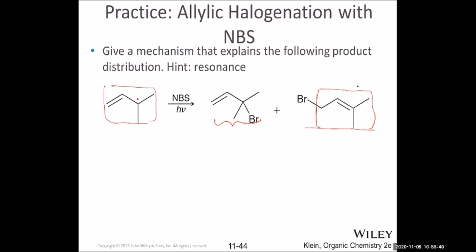The answer is no, it's not because of rearrangement, it's because of resonance. Okay, it's because of resonance. So here's why. The very first step, this NBS produces the bromine atom. I just skipped the step of how to form the bromine atom, like we've seen before.